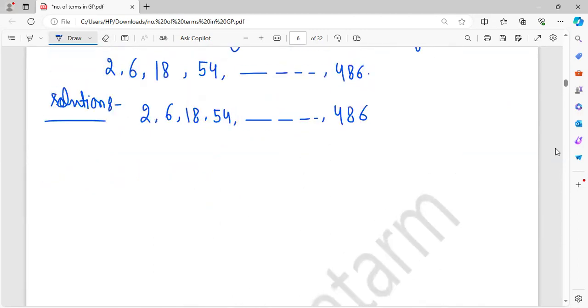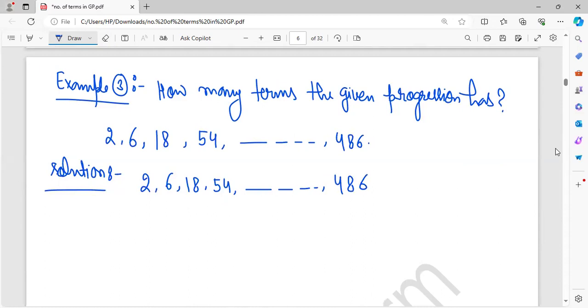So what is the first term? 2. What is the second term? 6. What is the third term? 18. The fourth term? 54.